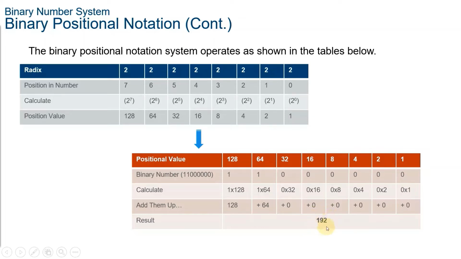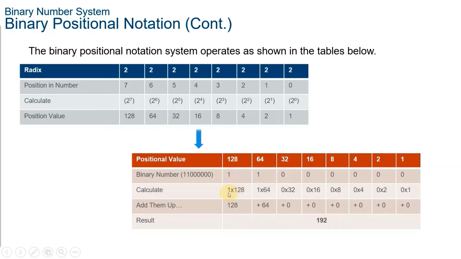Using the positional values that we have here, 128, 64, 32, 16, 8, 4, 2, 1, this is basically 8 bits, and the binary number would be 11000000. To calculate, we just have to multiply each binary digit by its positional value.